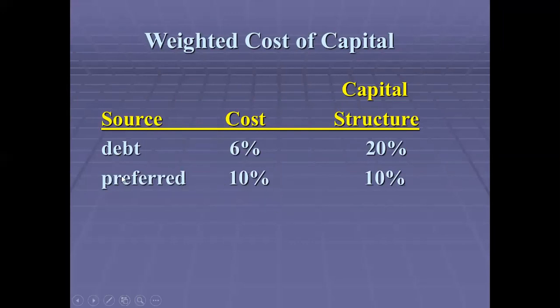They pay the same amount of money, but the capital structure is only 10%. The last one is common stock. The cost will be much higher compared to this because you have to share dividends with them, and it also takes so much of the capital structure. If you add this up, it should be 100%.